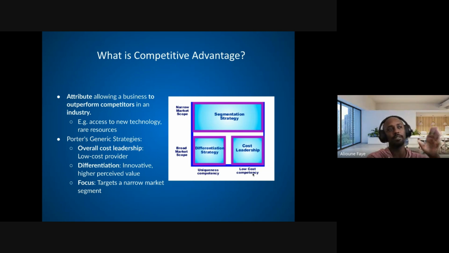Porter is saying all the firms out there that are profitable and competitive have either a cost competitive advantage or a differentiation competitive advantage. They're making their product or service at such a low price that their profit is so high.